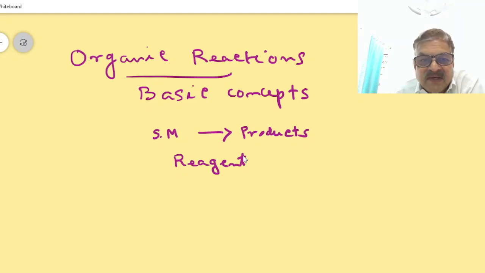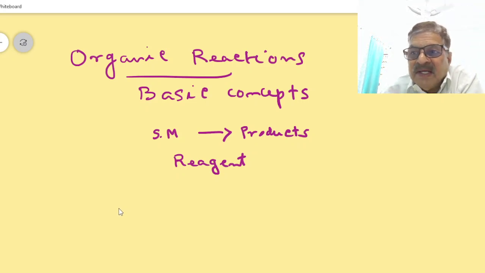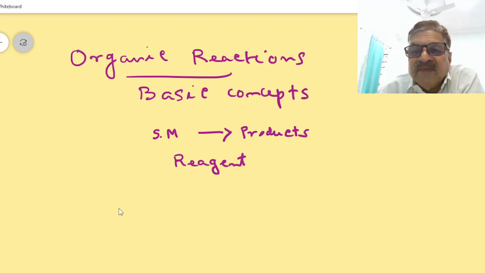Now I will show you an example when two reactions take place, even sequential reactions, one reaction first and a second reaction after. This can be shown without any intermediate. We don't want to show any intermediate here, so we can show it just above the arrow, writing 1, 2 like that.